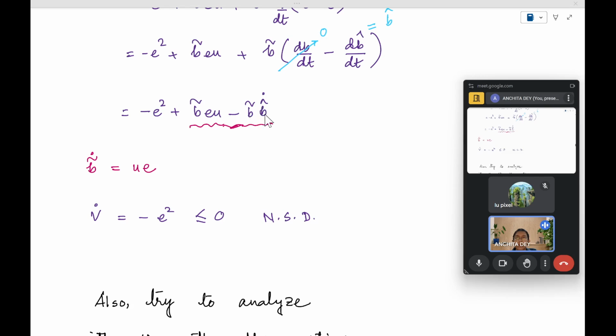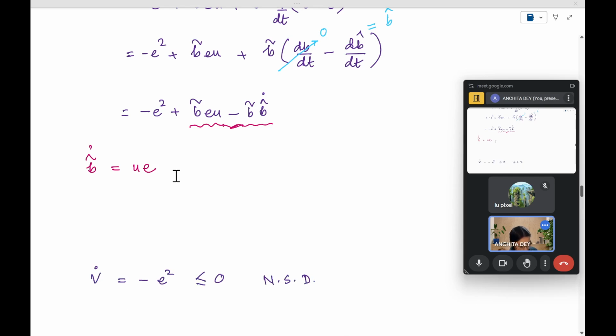So you see that with b, wait, that's a mistake I did. With b hat dot equal to a into u, your V dot becomes minus e square, right? V dot becomes minus e square plus b tilde e u minus b tilde into b hat dot, which is now u e or e u.